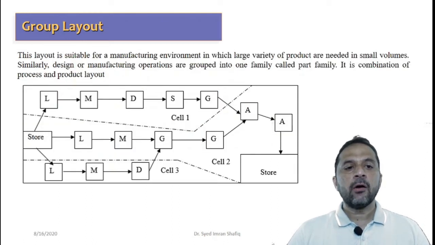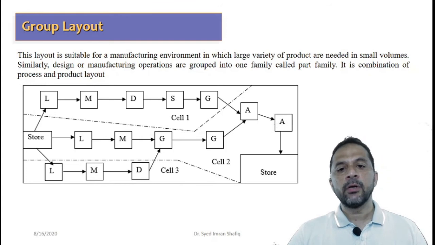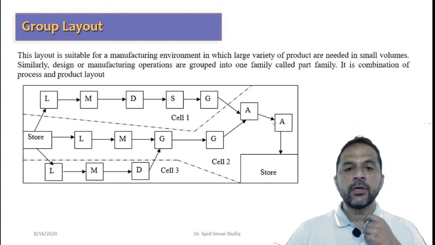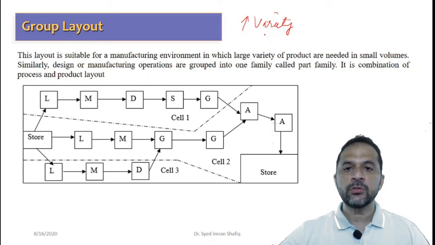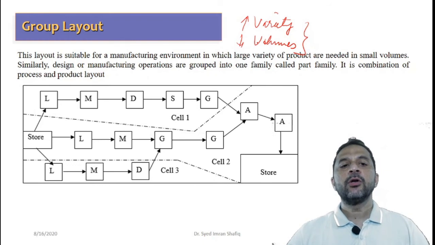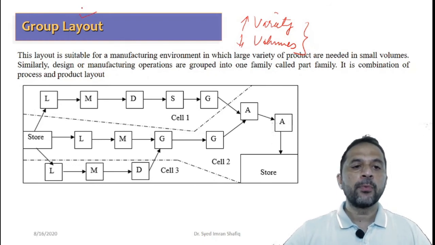Another kind of layout is suitable for the environment where you have a large variety. You have different kinds of products to be produced. The variety is large, but in low volumes. So in this situation, you go for group layout.